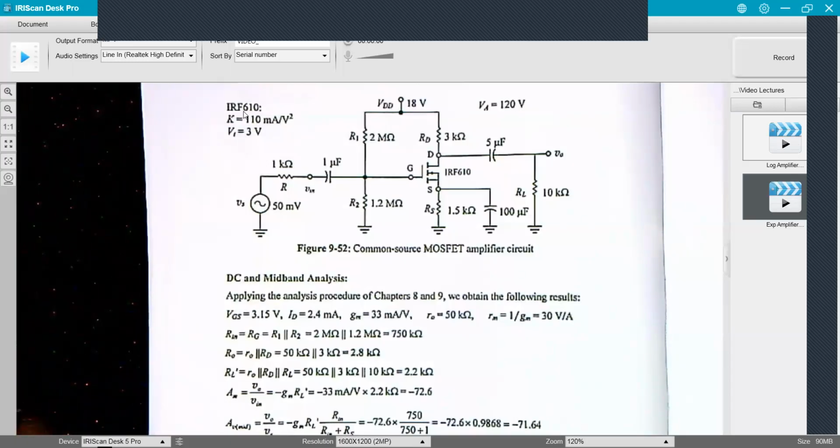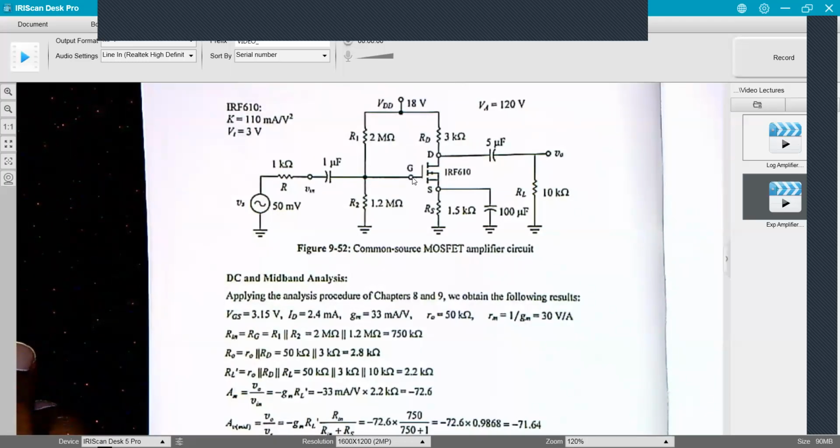Over here we have the IRF610, which is this MOSFET transistor. It has a K of 100 milliamps per volt squared, and your threshold voltage is 3 volts. What that means is you have to have your gate voltage at least 3 volts higher than your source voltage in order for this device to start turning on.